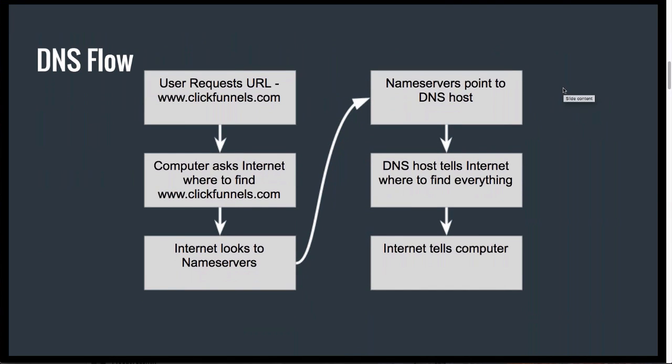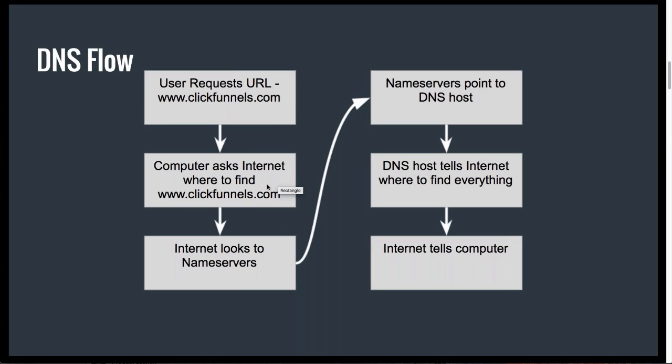An IP address is typically something like 12.888.346.687, so it's not something you're going to readily remember when typing in a web address. So we create domains like ClickFunnels.com. When you go to your browser as a user, you would type in ClickFunnels.com.